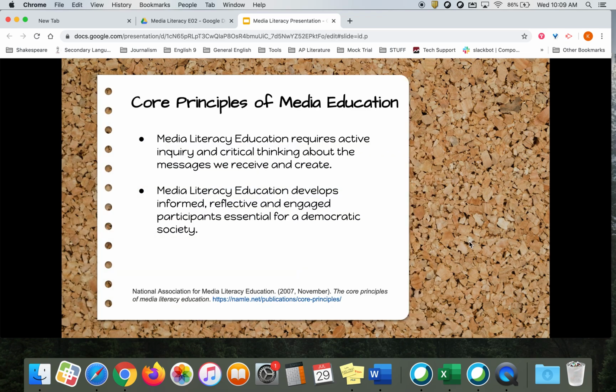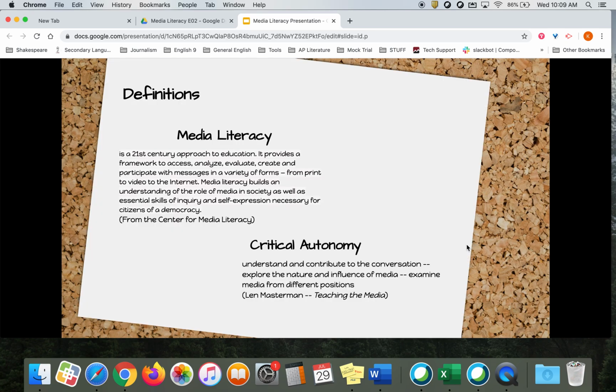I focused on these 2 particular core principles, the active inquiry and critical thinking, and then developing informed and reflective messages as well. And then these 2 definitions are what we would hone in on in understanding what media literacy is and knowing why it's so important to be able to be both critical thinkers and contributors of media.